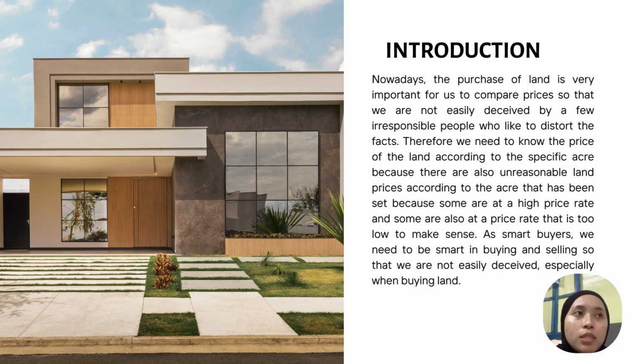Therefore, we need to know the price of the land according to the specific acres because there are also unreasonable land prices according to the acres that have been set, because some are at a high price rate and some are at a price rate that is too low to make sense. As smart buyers, we need to be smart in buying and selling so that we are not easily deceived, especially when buying land.